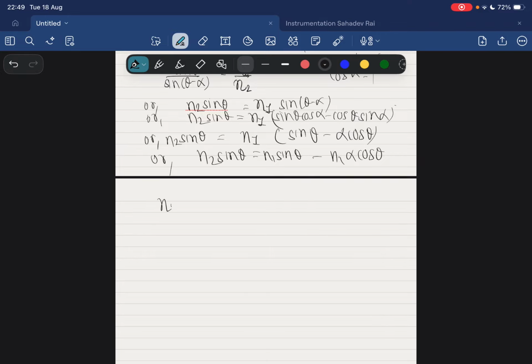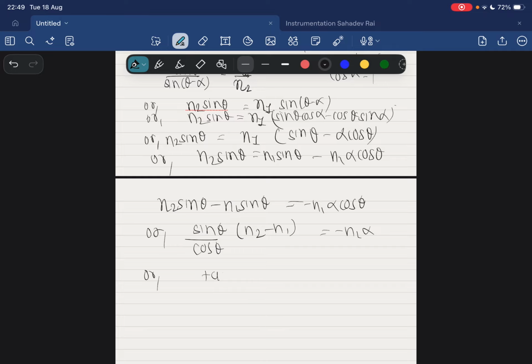So n1 alpha cos theta equals n1 sin theta minus n2 sin theta, and alpha equals tan theta times one minus n2 by n1. So this is the answer.